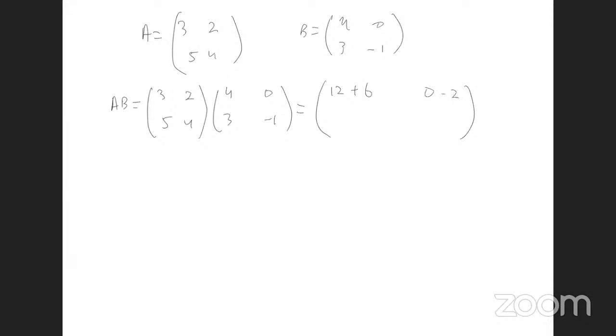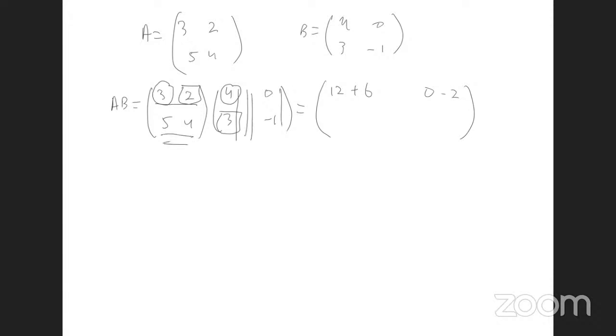3 by 3 is 9. All right, watch this here. We're multiplying this by this. So you're multiplying 3 by 4, and then 2 by 3. So 6. Next one is row by column again.